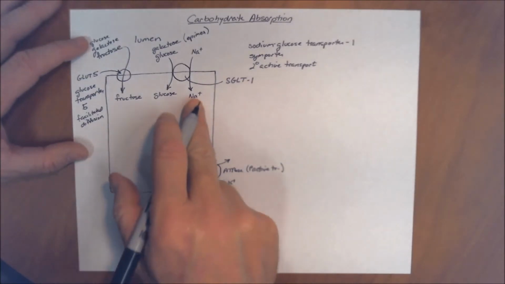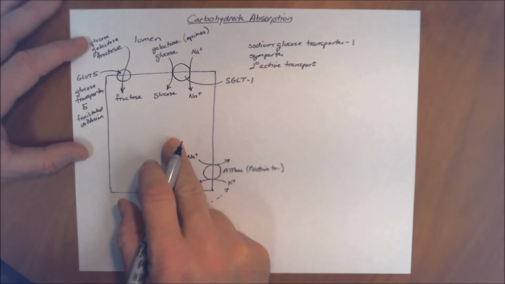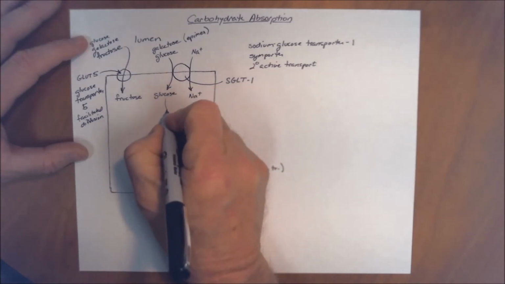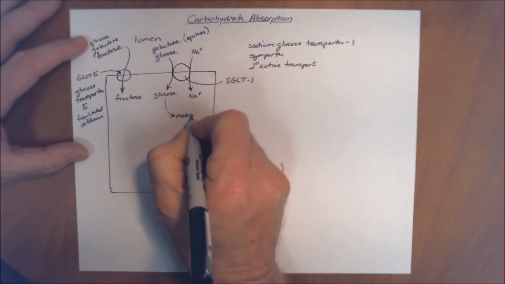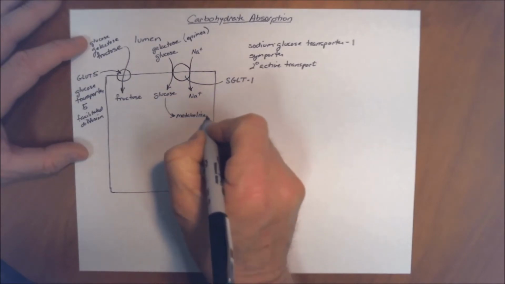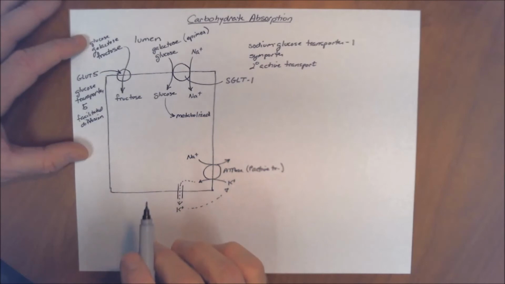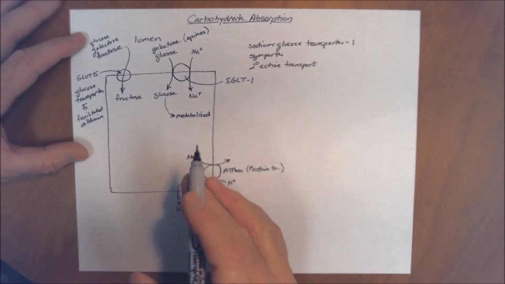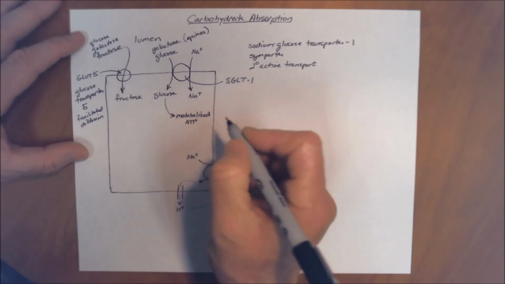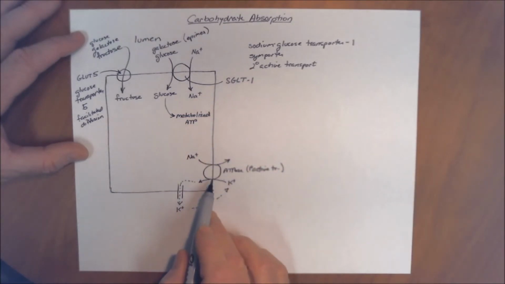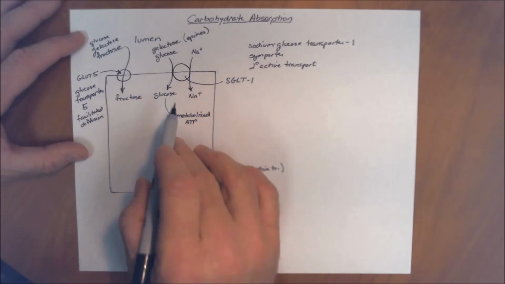Now once we have them in the cytoplasm, some of the glucose will be metabolized by the enterocyte. Remember that the enterocyte has to generate a large amount of ATP for its normal function, for example, driving this pump in order to get nutrients inside the body.